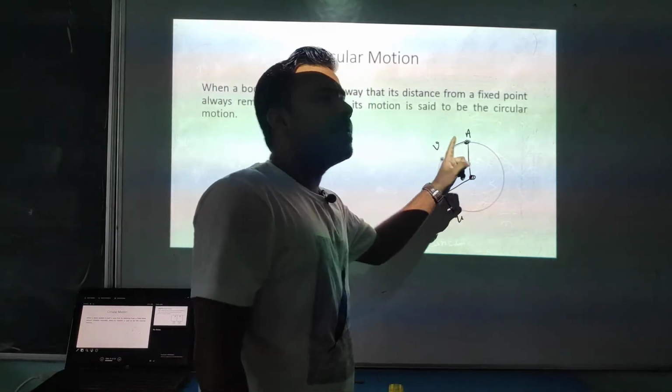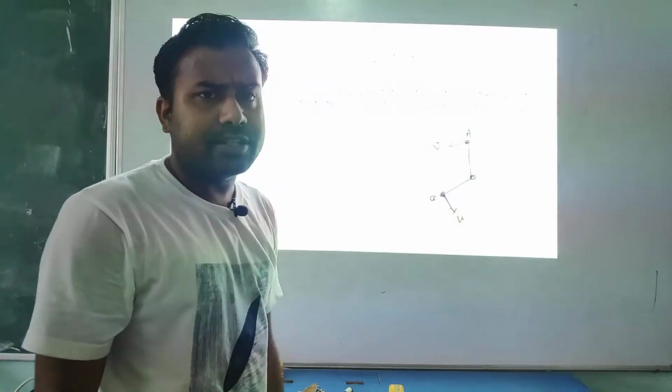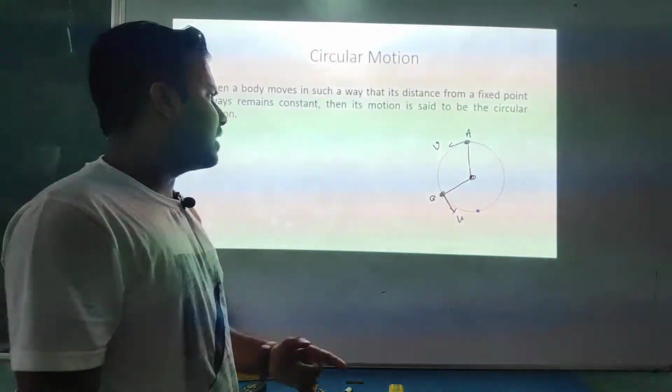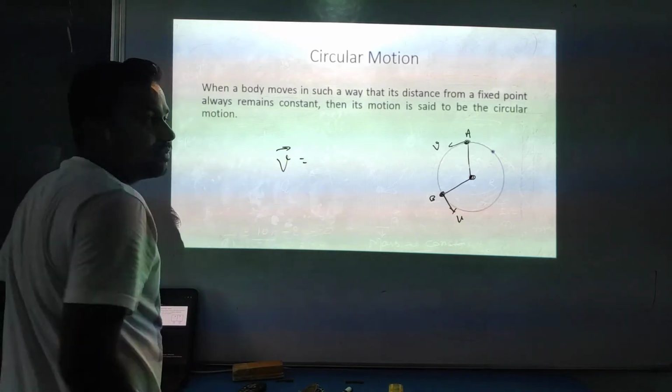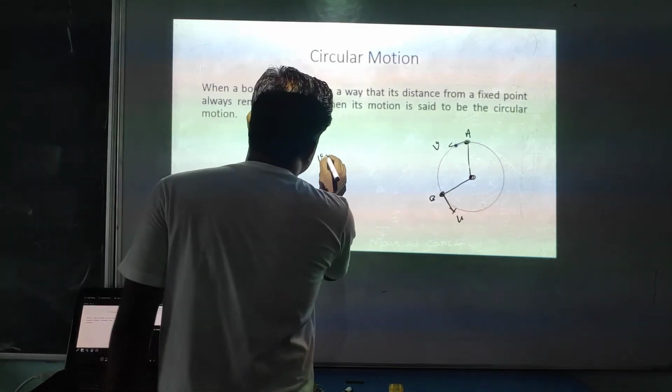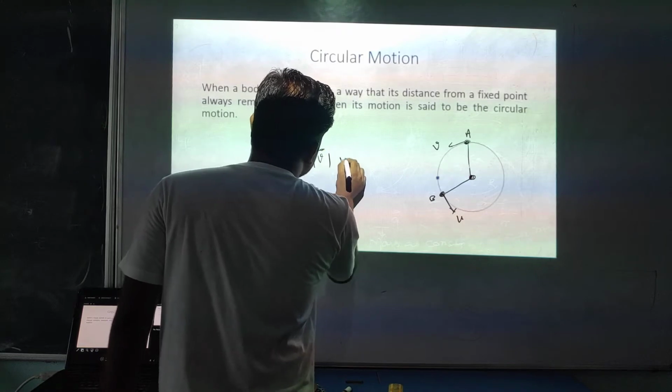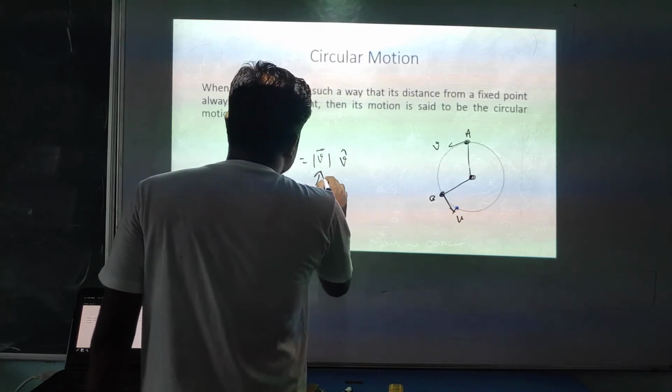It means here velocity is not constant, because it's continuously changing. Velocity has, if you are writing velocity, you have to write it with the vector sign. So velocity has what? Magnitude and direction, two things.